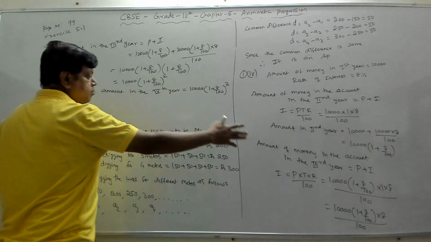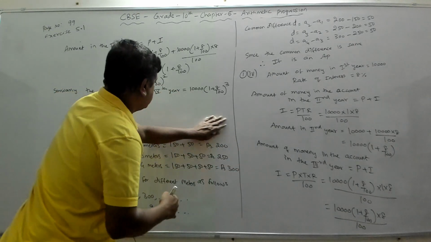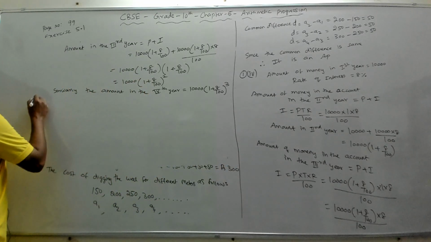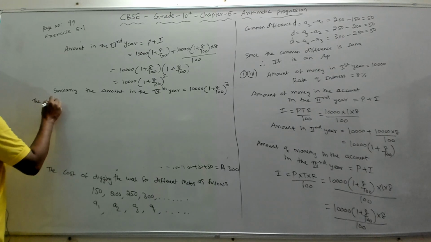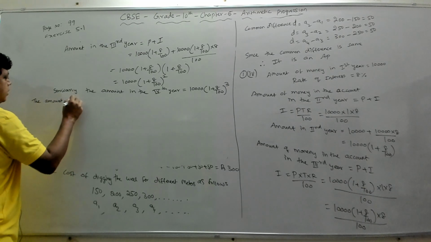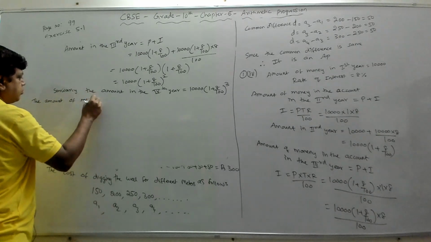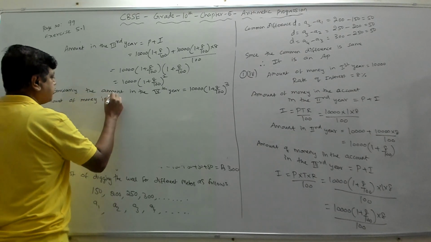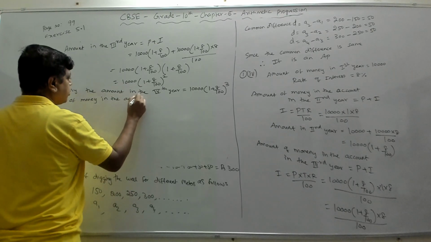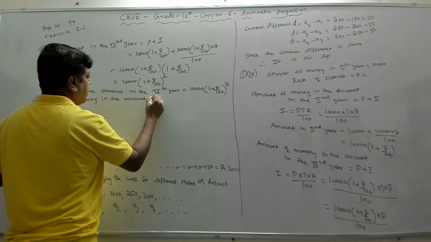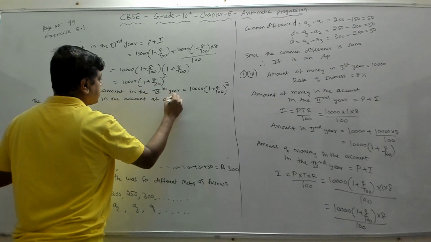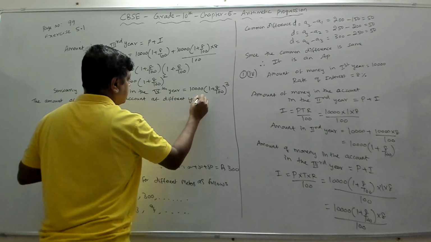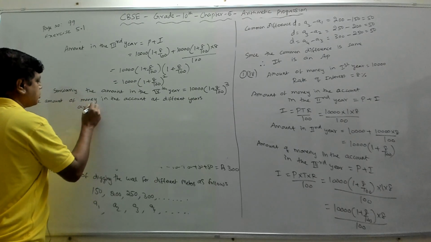We can write similarly. So now we will write this. The amount of money in the account at different years are as follows.